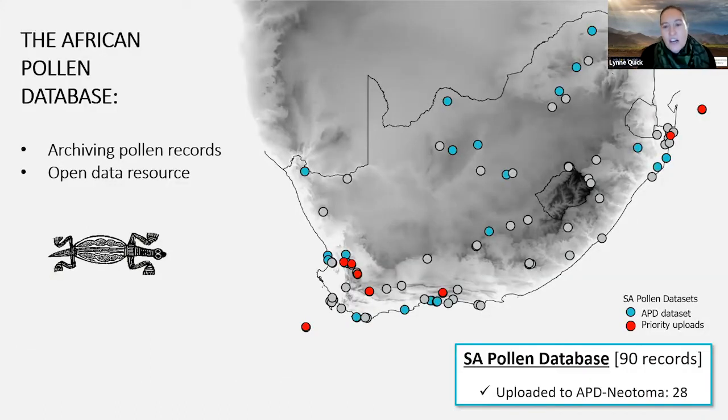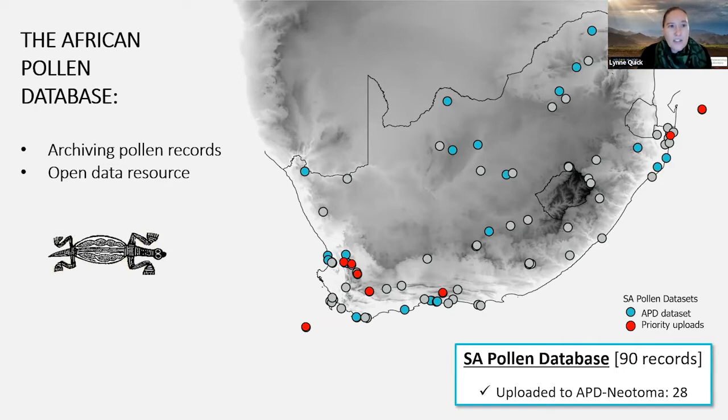And then I just wanted to highlight that it's really important to archive, both from a selfish perspective as a paleontologist, to have your records robustly entered into a database that's going to be safe in the future, and also from a community perspective, so that these can be used for larger syntheses and integrated into larger studies to look at vegetation responses across the whole of South Africa.